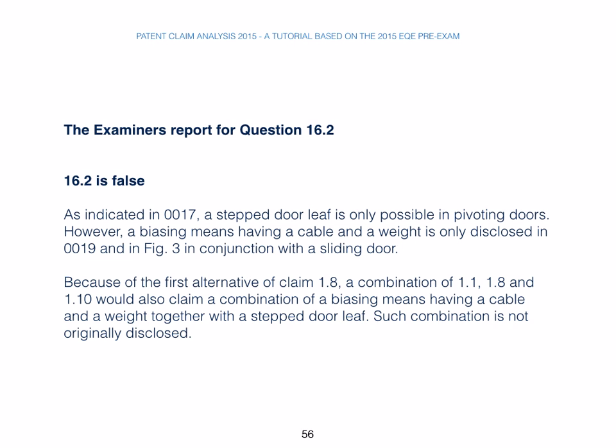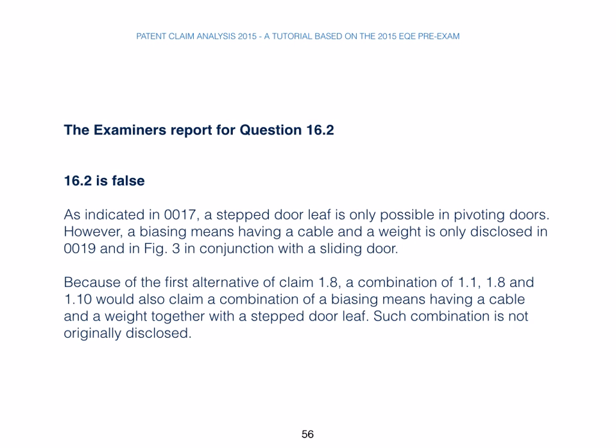Because of the first alternative of claim 1.8, a combination of 1.1, 1.8 and 1.10 would also claim a combination of a biasing means having a cable and a weight together with a stepped door leaf. Such combination is not originally disclosed.